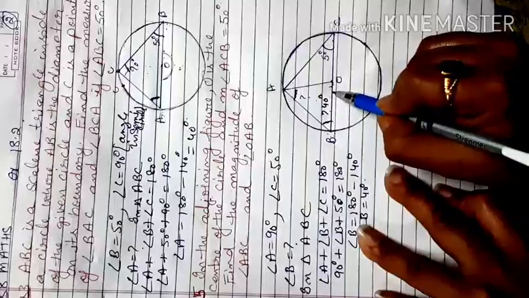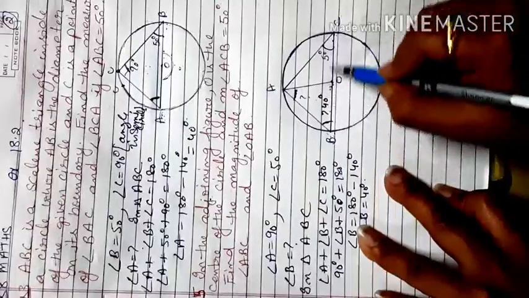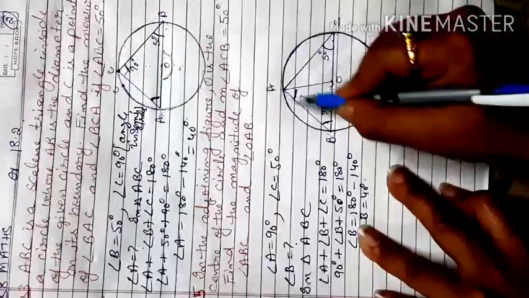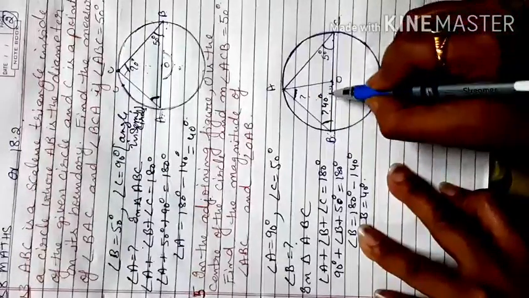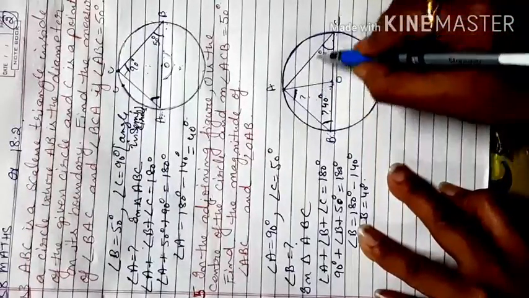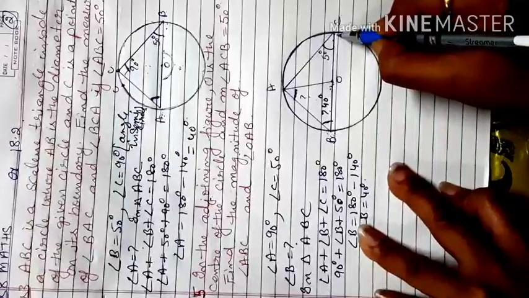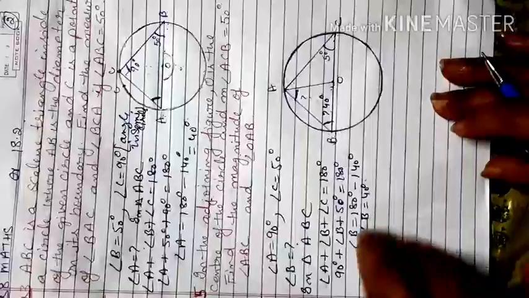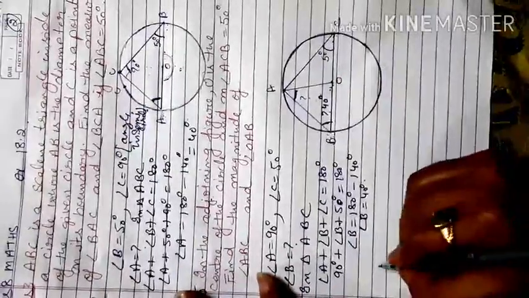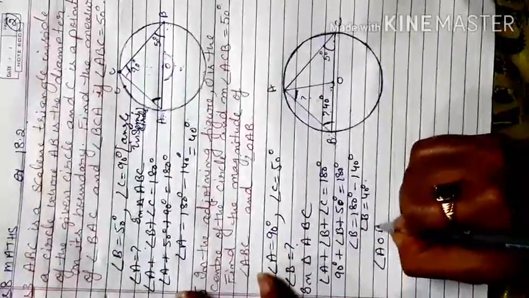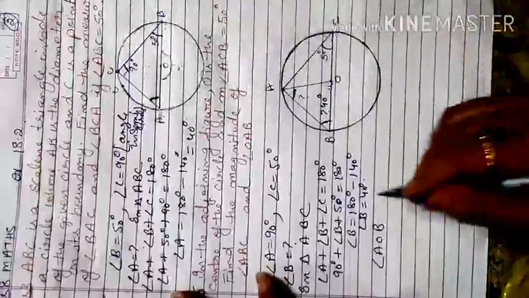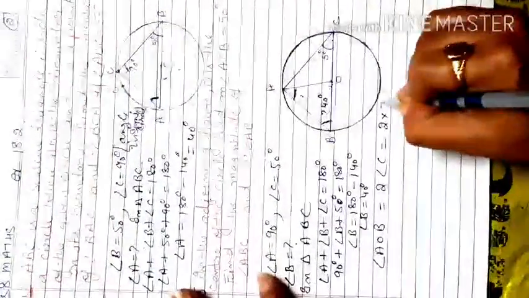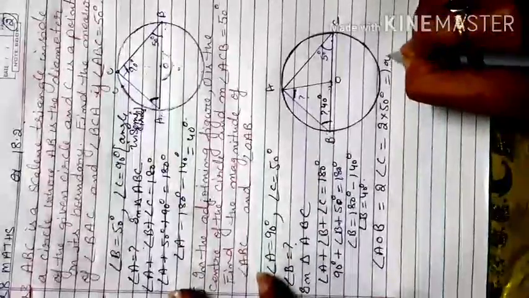That means angle O will be 2 times angle C according to the angle subtended by an arc property. So angle AOB will be 2 times angle C, that is 2 into 50 degrees, that is 100 degrees.